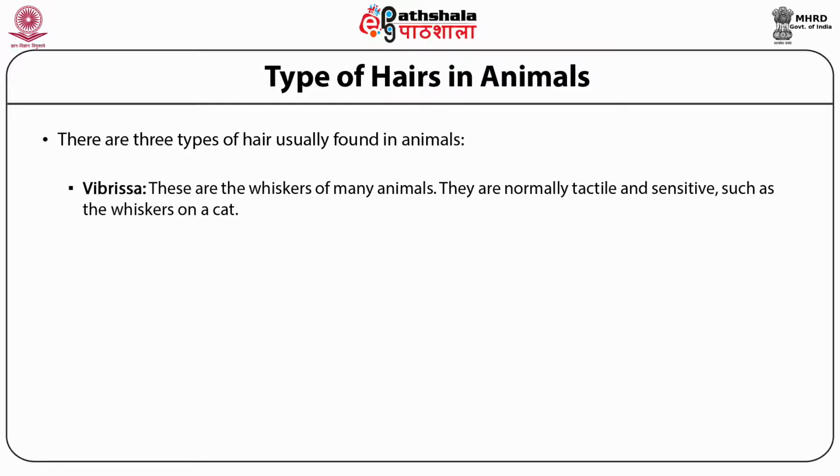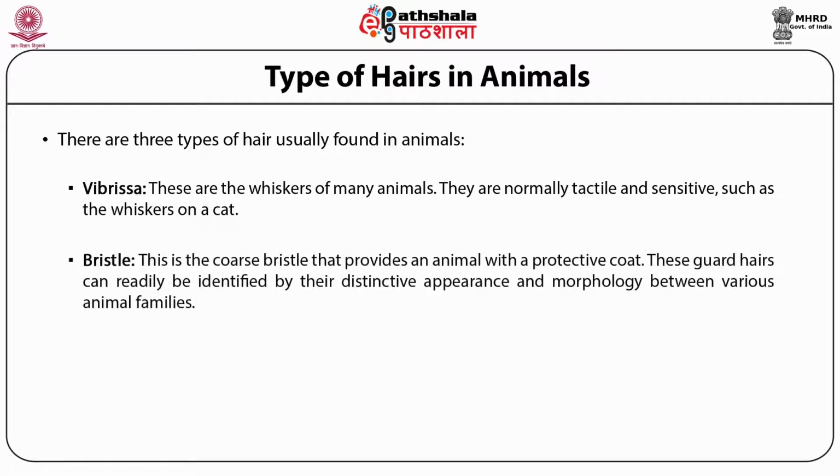The second type of hair is bristle. This is the coarse bristle that provides an animal with a protective coat. These guard hairs can readily be identified by their distinctive appearance and morphology between various animal families.